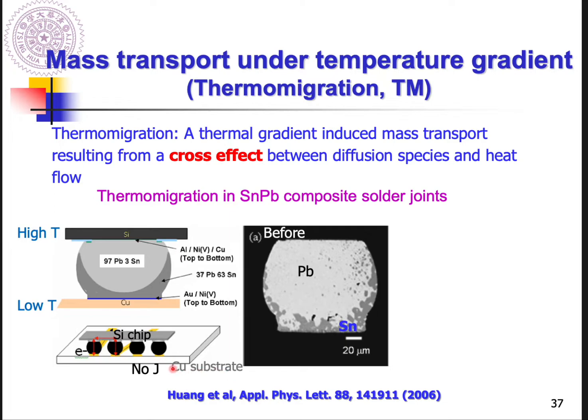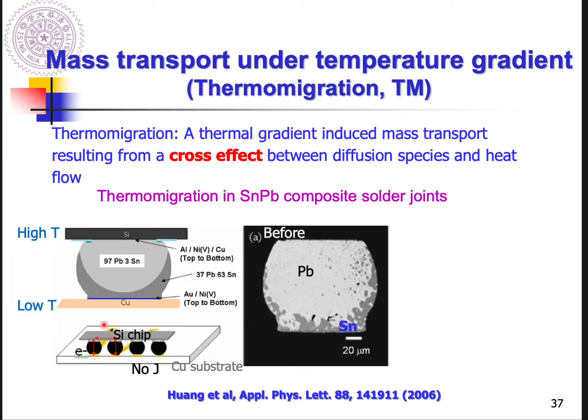So usually this substrate also helps with heat dissipation. And as we know, the line width of the connecting line on the silicon chip usually is very thin, right?